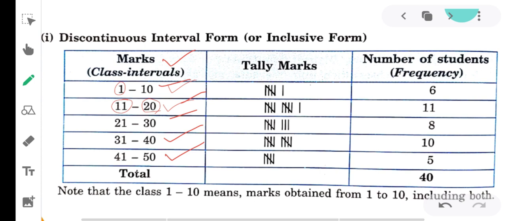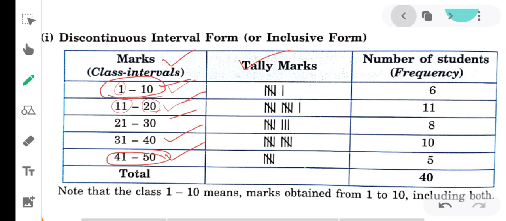Because the maximum value is 48, the last class interval is 41 to 50. Then tally marks. This is inclusive form, so we include both upper limit and lower limit, and the numbers between them. We count the numbers between 1 to 10, including 1 and 10 also.